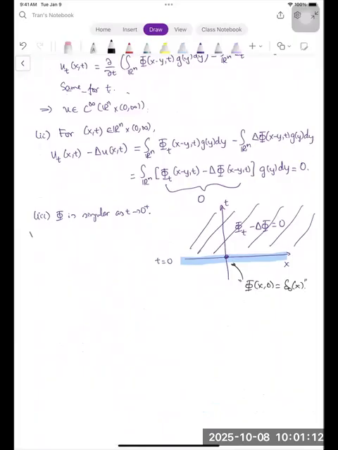So what we want to show is that the limit as (x,t) goes to (x0,0) of u(x,t) equals g of x0.